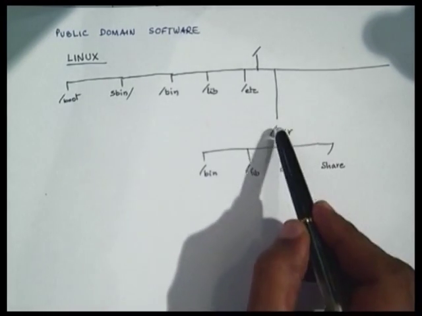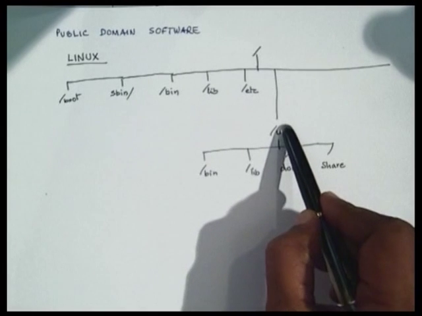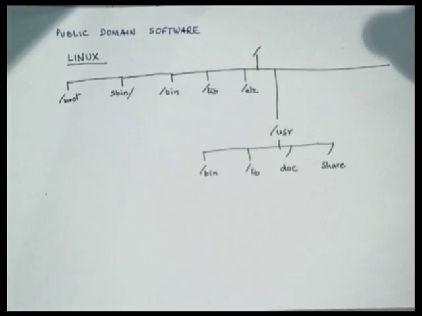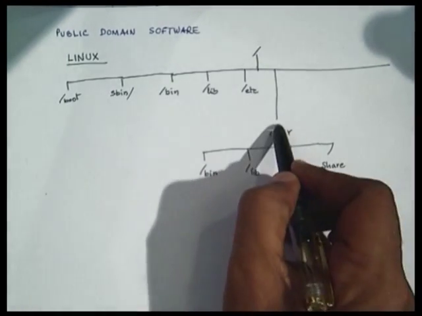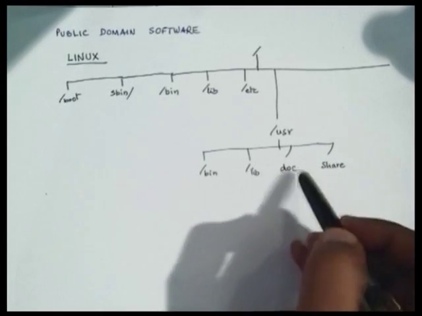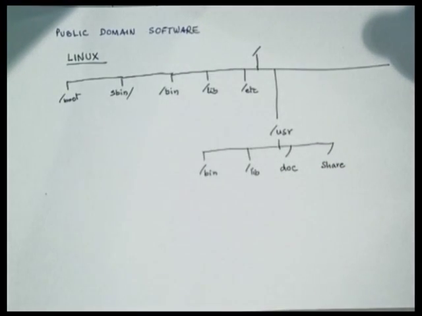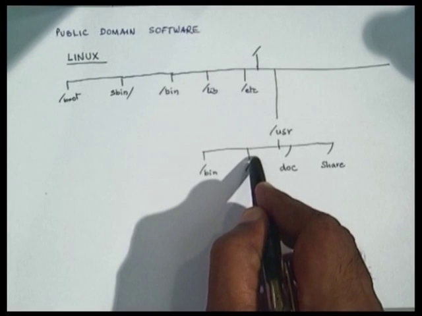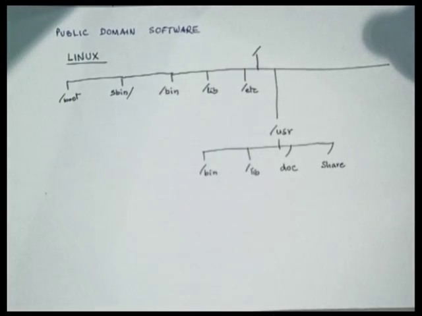So if you use a separate hard disk partition or hard disk for user, then you mount it here. Okay, not here. Because you mount it here, then bin, lib, doc are on the same physical device corresponding to this. Okay, so the editors, the compilers, many of these things which you need, they go here.